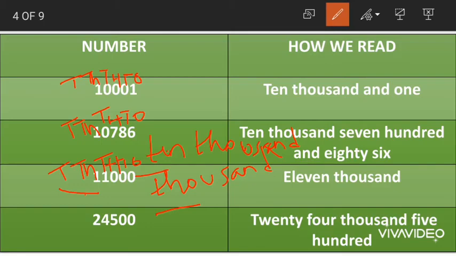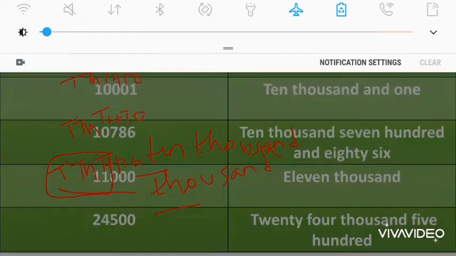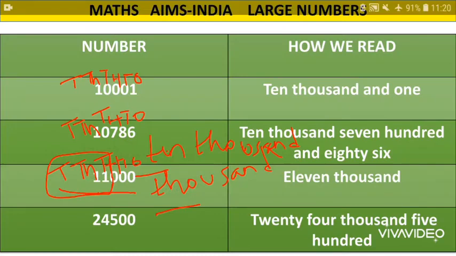Yes or no children? In the same way, 10,000 plus 1,000 will be read as 11,000. We read this as 11,000. Understood children? You just have to know the place values in order to understand how to read the numbers.